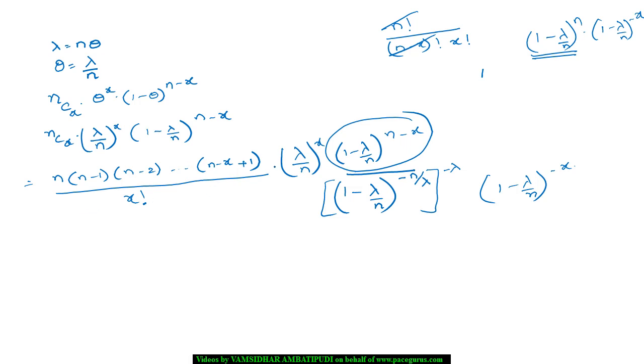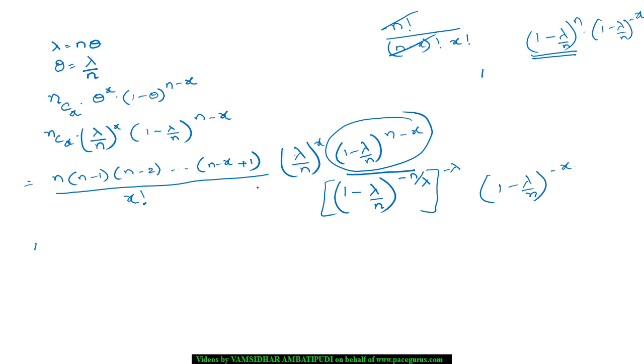Because here you have lambda power x by n power x, I am dividing the entire thing by n power x. All of the things are there, which will become 1, because I am dividing by n, x times.